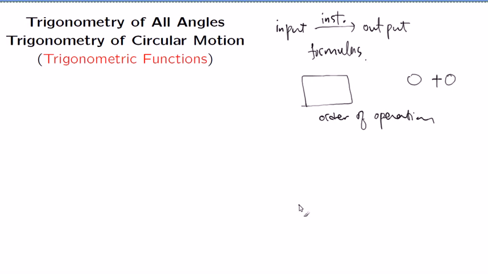As soon as you have a calculator that takes care of everything, you forget about the order of operation. But what's important in a function is that you have an input, and this instruction unfolded out of this massive expression, the order of operation, and what you do with that number. And at the end, boom, you get a number. The whole thing is called a function. All right? So I'd like to introduce the trigonometry function in that fashion.